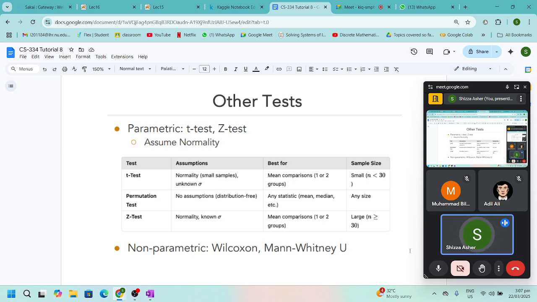All right, would someone like to tell me which test we're going to use in this case now? T test or Z test?